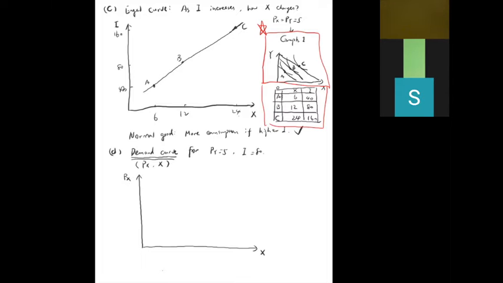We will need to refer to graph 2. I call this upper right one as graph 2. Upper right graph, as graph 2. Okay.